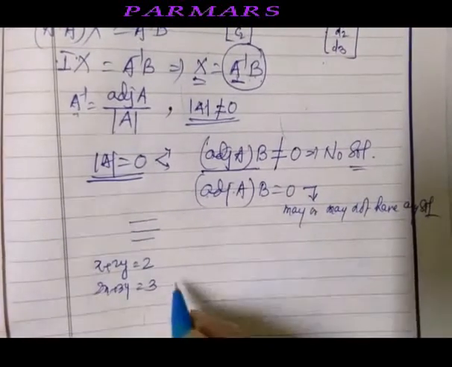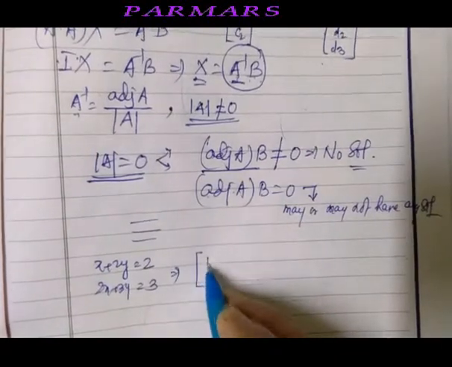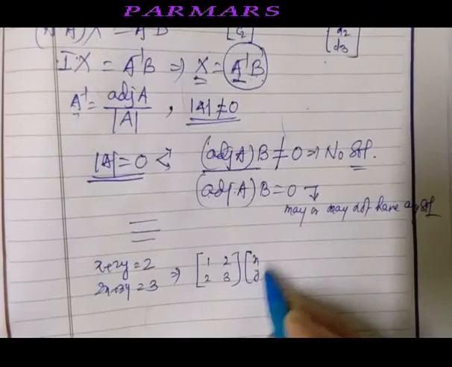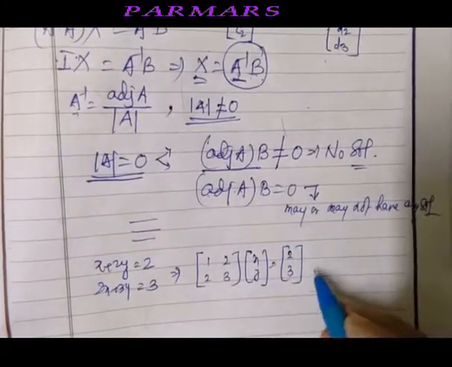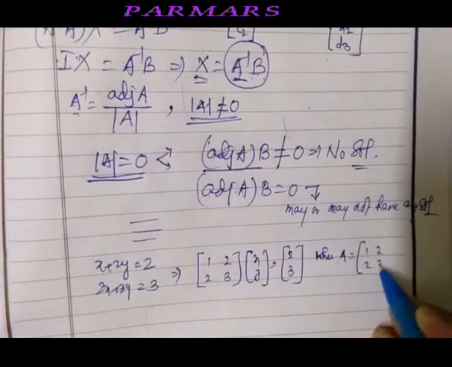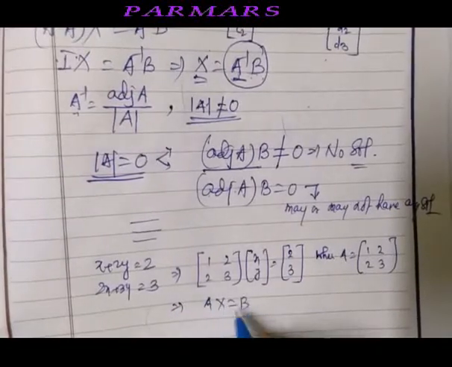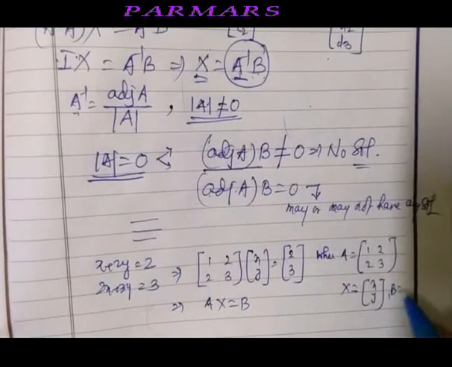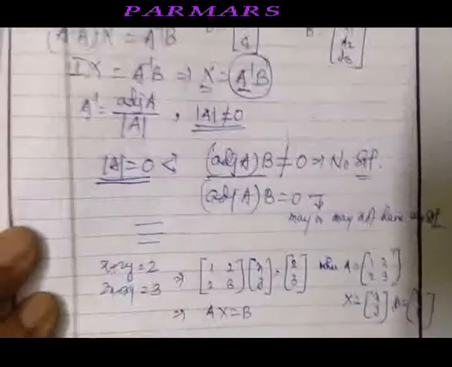Now it can be expressed as the matrix [1 2; 2 3] into [x; y] equal to the column matrix [2; 3], where A is [1 2; 2 3]. As it is AX equal to B, X is [x; y] and B is [2; 3]. First what we have to do? Find the determinant of A.